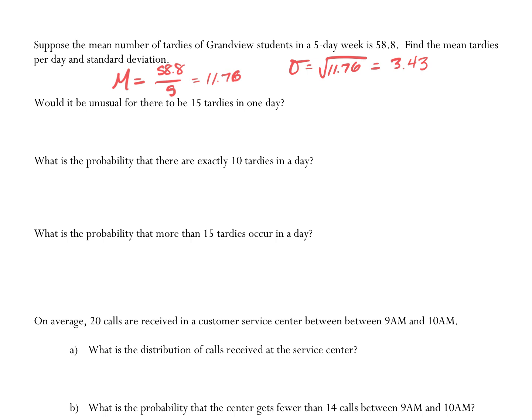All right. So, would it be unusual for there to be 15 tardies? How did we measure unusual? More than 2 standard deviations. So we have to decide, is 15 more than 2 standard deviations above our mean? I would expect to see not just a yes or no. This is something that came up on the last test, y'all, where there were questions that were yes or no with no mathematical support.